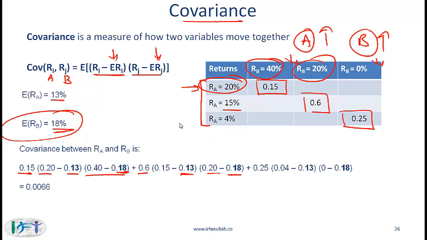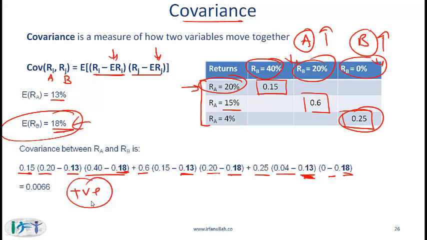And then in the third scenario, 0.25 probability, 0.04 is the return on A in this scenario minus the expected value of 0.13, and then 0 minus 0.18 from here. When you do this calculation, you come up with 0.0066. This is a positive number as we expected, which means that A and B move up and down together.